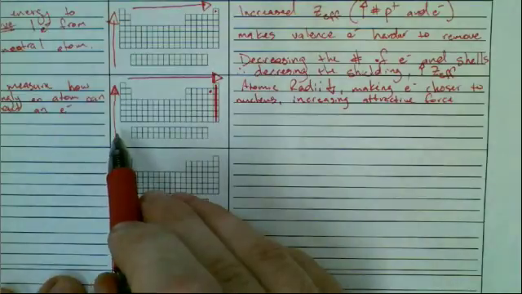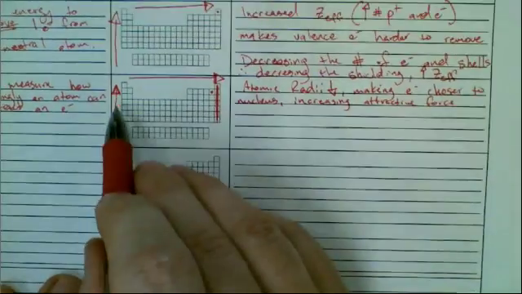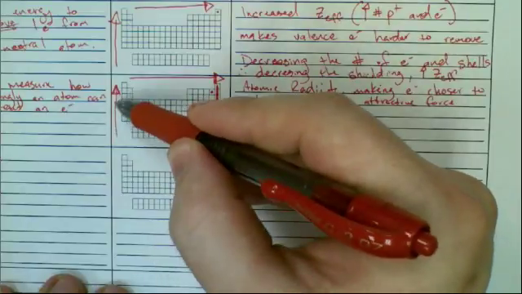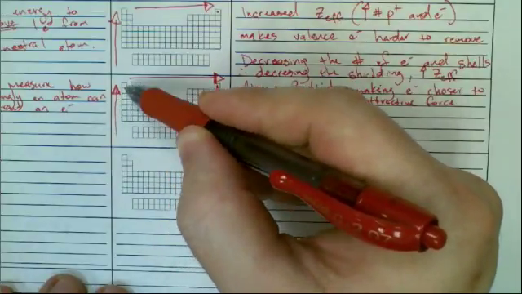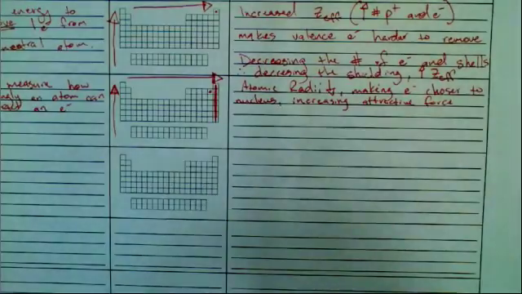And then very similarly to the period trend, for the group trend, electronegativity is going to increase as you go up a group, because remember, as you go up a group, you're losing quantum energy levels, you're losing layers, energy shells.